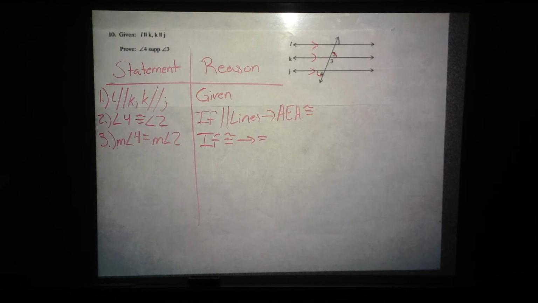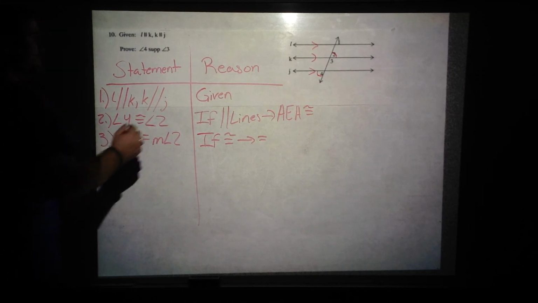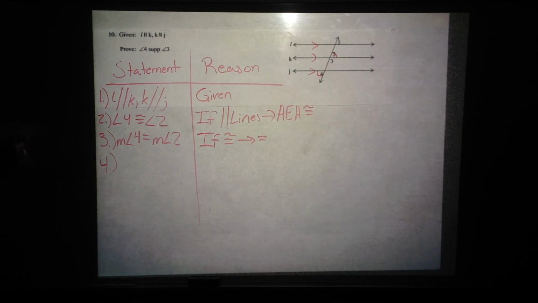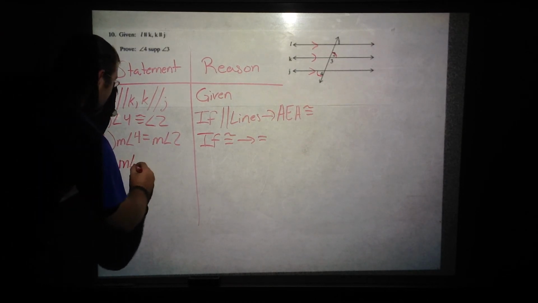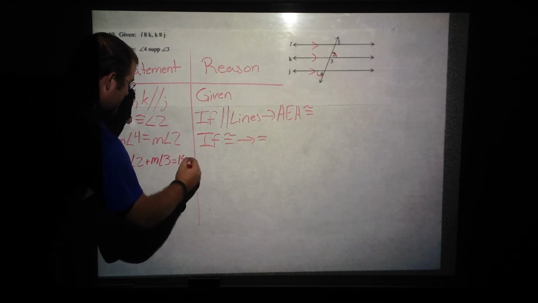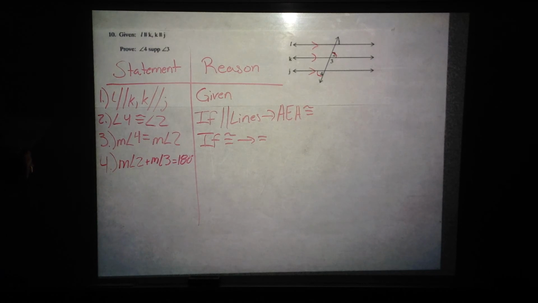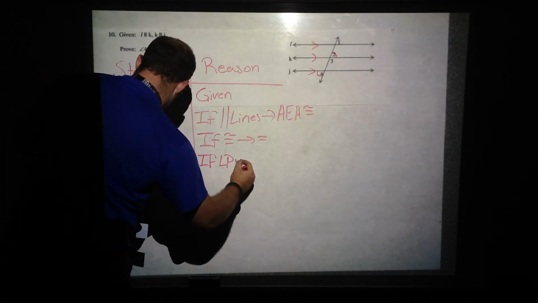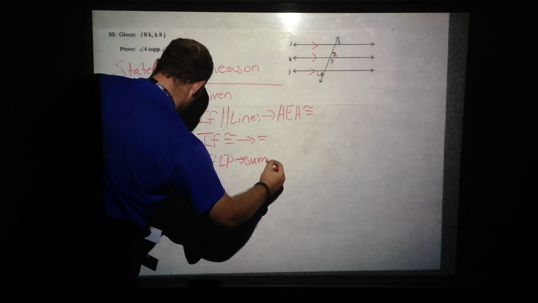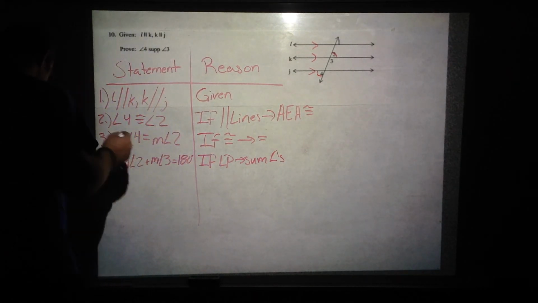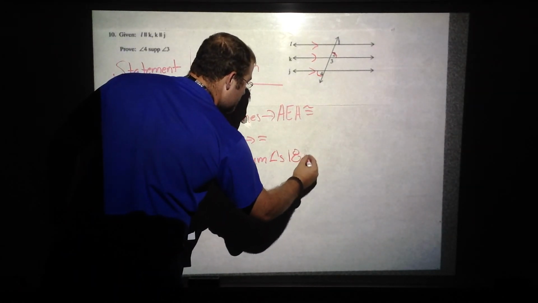Now that we know that those two are equal to each other, we look back at our picture and we notice that angle 2 and angle 3 are a linear pair. So therefore we know that the measure of angle 2 plus the measure of angle 3 equals 180 degrees. Therefore, if they are a linear pair, then the sum of the angles is 180 degrees.